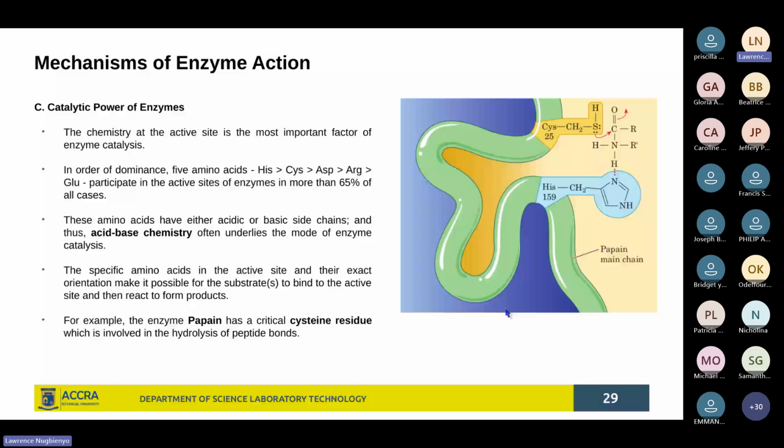There are mostly 2 or 3 amino acids that are close together in an enzyme structure, which is mostly a protein, and they have some form of interaction between them such that when a substrate comes, they are able to interact with the substrate together to cause a reaction on it.